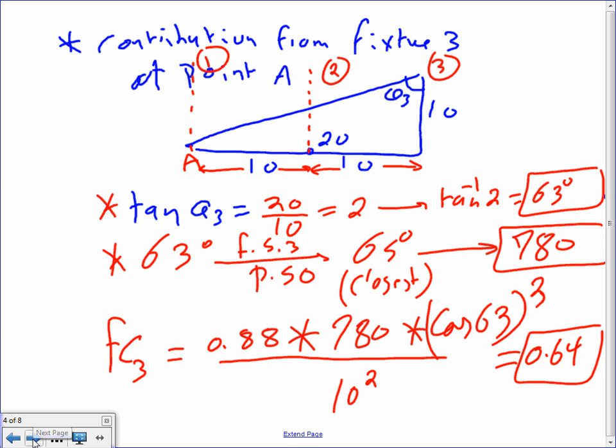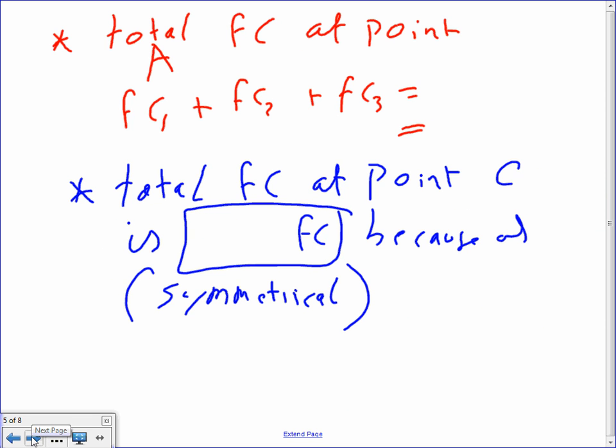Okay, so this is the contribution at point 3. The total contribution at point A, all the contribution at point A that you can imagine.